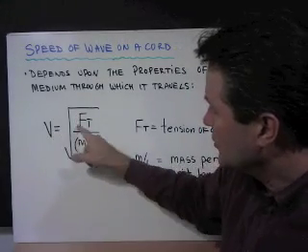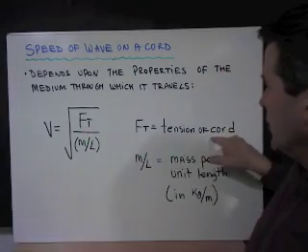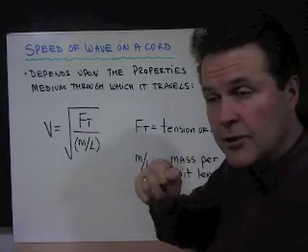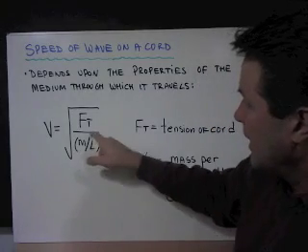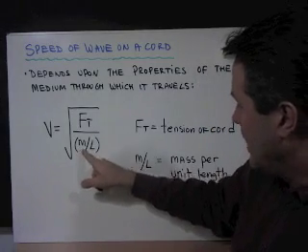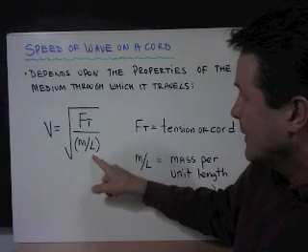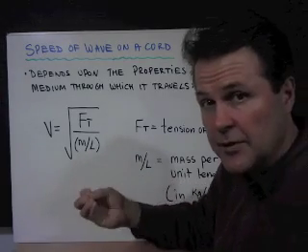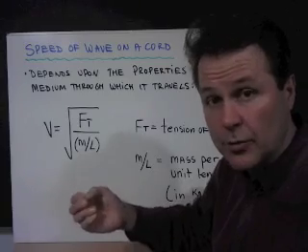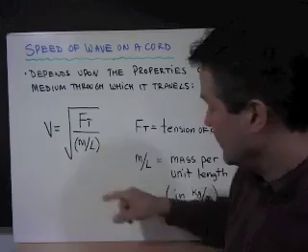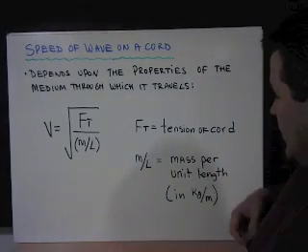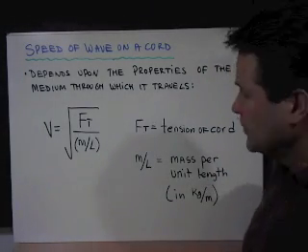So the velocity is going to be equal to the square root of the tension of the cord, how tight the string on, say, the violin is tightened, divided by the mass per unit length of the material it's made from. So if it's a steel string, it would be the mass of the string per unit length, and that would be measured in kilograms per meter.